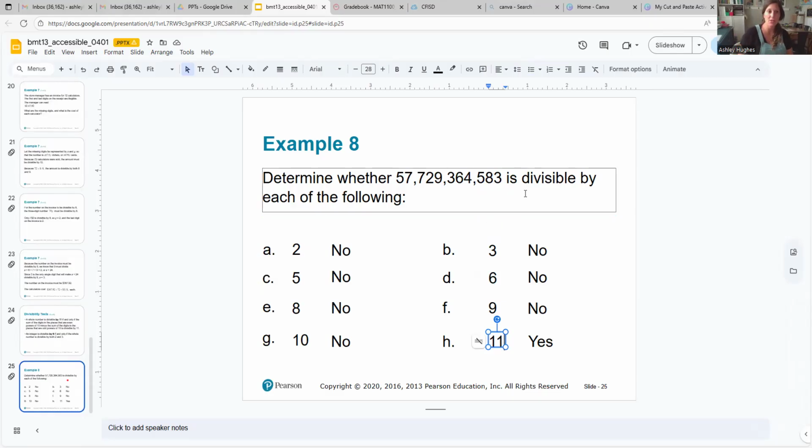For 11, what you do is you sum up the alternating digits. So 5 plus 7 plus 9 plus 6 plus 5 plus 3. So 5 and 7 is 12, plus 9 is 21, plus 6 is 27, plus 5 is 32, so that's 35.